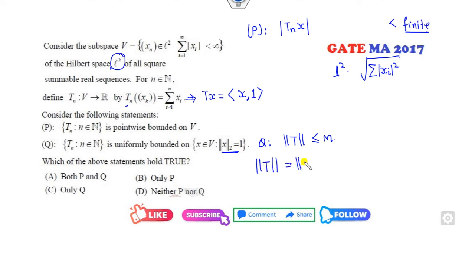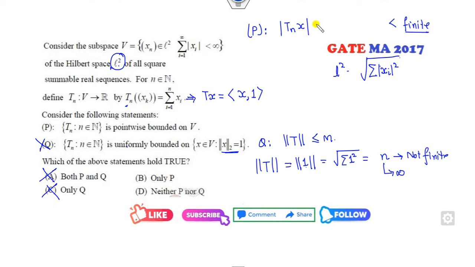The norm of 1 on this is the root of summation 1. So 1 square is 1, so it is n. If you take the square root, it is root n, which is not finite, because as n approaches infinity, this will go to infinity. So it means it is a false statement. If this is a false statement, these are cancelled.